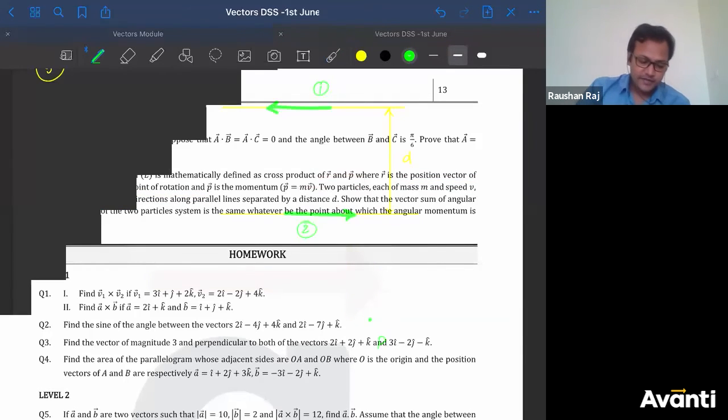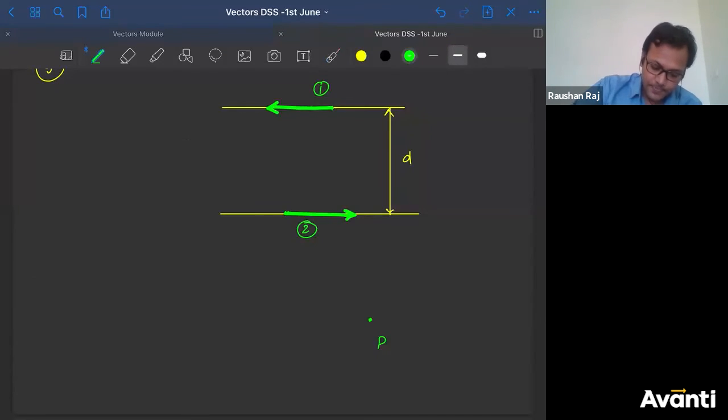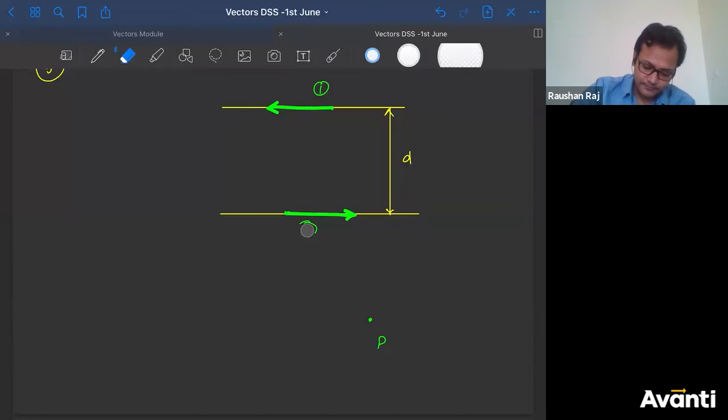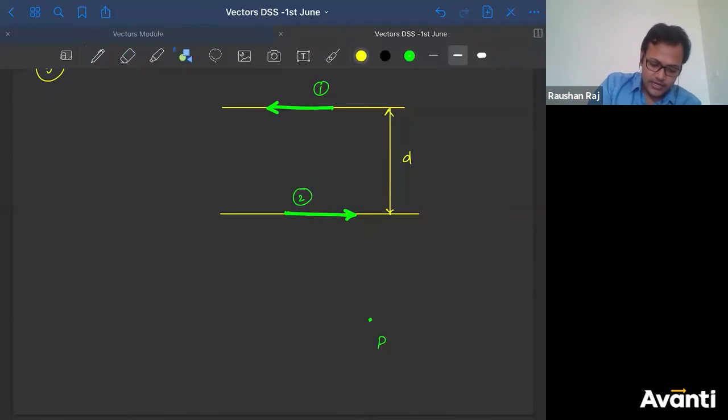If this is the position, so position vector of particle about point of rotation. So can I draw a line like this? So this will be r2 vector.